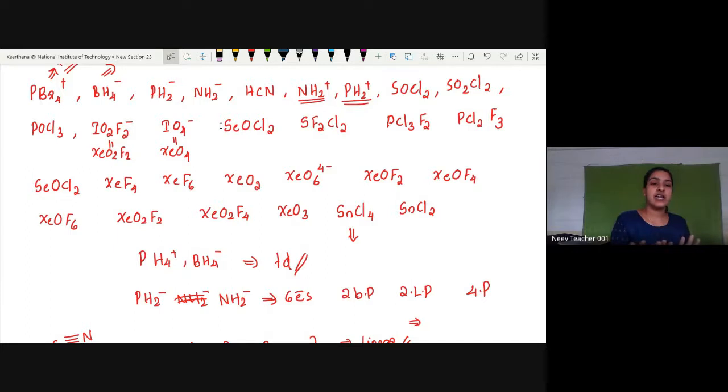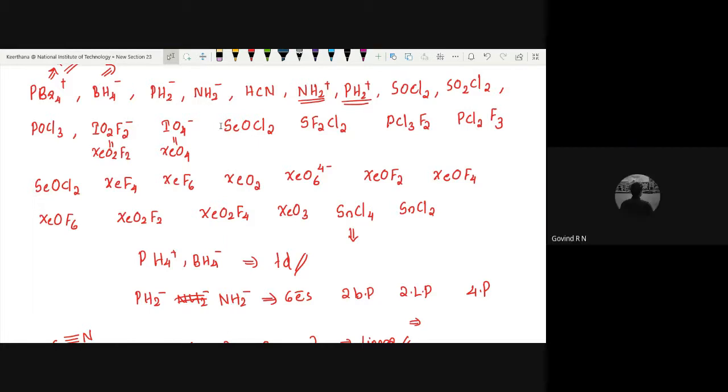So a total of 5 electrons is used for the formation of 4 bond pairs. So 4, 0, 4, tetrahedral shape. And IO2F2 minus or XeO2F2, both have the same shape and geometry.